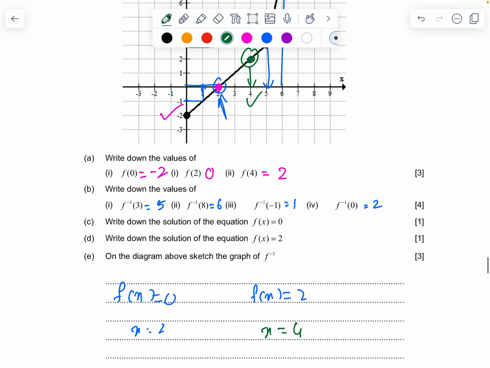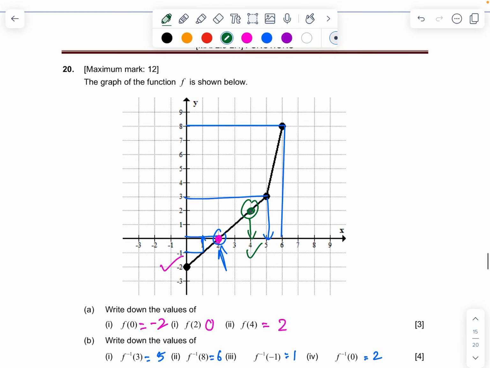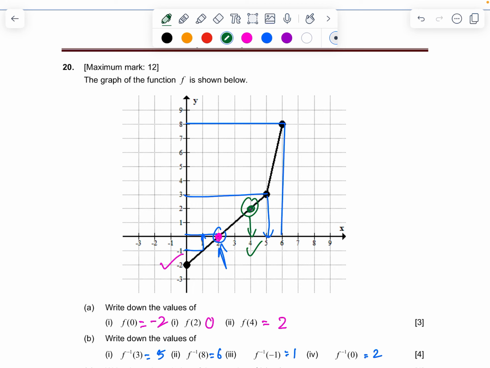On the diagram, sketch the graph of f inverse. So what I will be doing is I take this point. Let me erase all for drawing the f inverse. X becomes y, y becomes x.